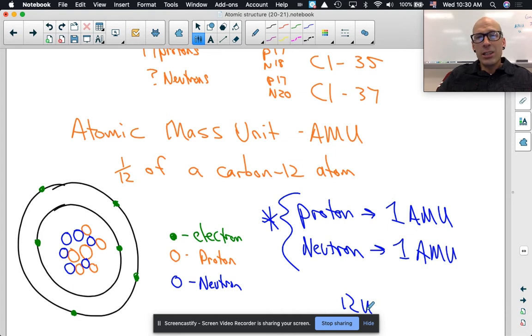Just like little g is the symbol for gram, kg for kilogram, or lb for pounds, lowercase u is the symbol for an AMU, or atomic mass unit. Just in case you see AMU listed somewhere, or you see lowercase u used as a unit symbol, they're talking about atomic mass units. So that's what we talked about in class today.